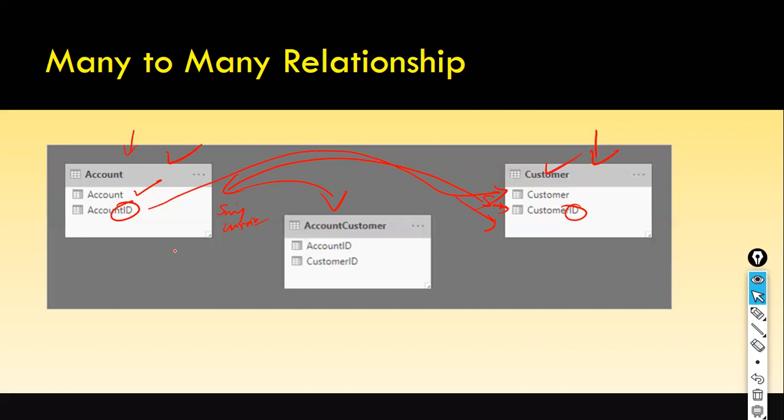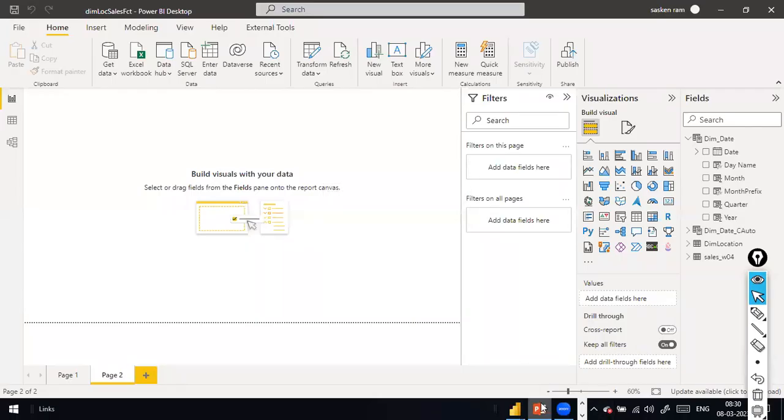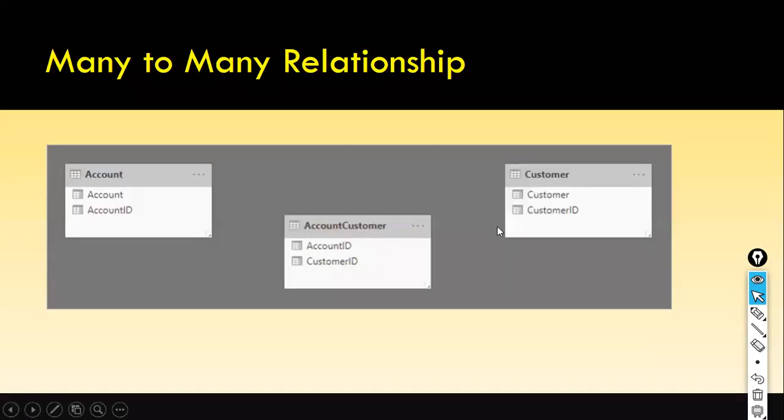In this case, how will you model this relationship? What we do is we introduce something called the bridge table.